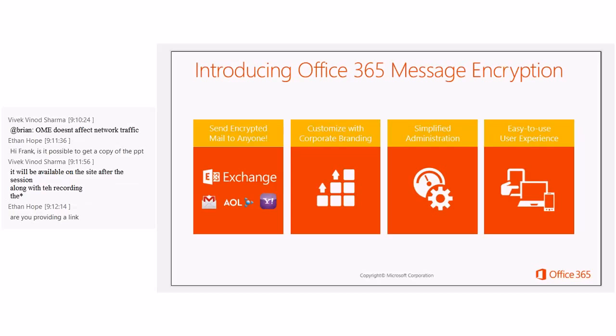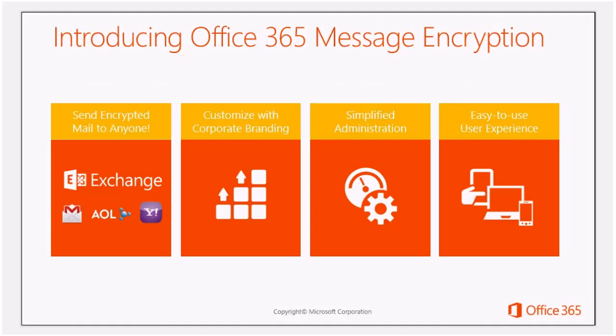What I mean by that is being able to send encrypted mail to a recipient who is an Exchange user, on-prem or in the cloud, somebody using Gmail, AOL, Yahoo, or anything, basically. So we're trying to develop a solution that allows us to encrypt the message in such a way that it can be viewed by any client. You don't have to have a Microsoft mailbox in order to view the encrypted message.